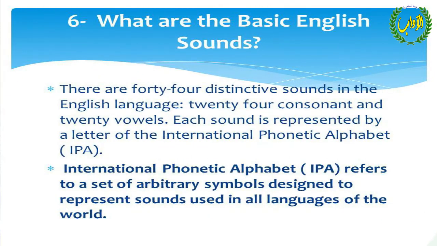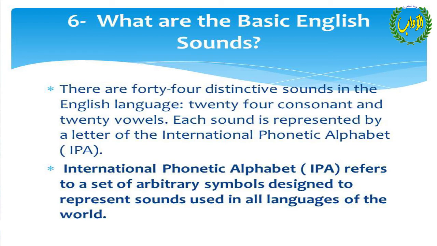Another important one: what are the basic English sounds? Now we want to know the basic English sounds used in this language. In fact, there are 44 distinctive sounds in the English language, classified into 24 consonants and 20 vowels.